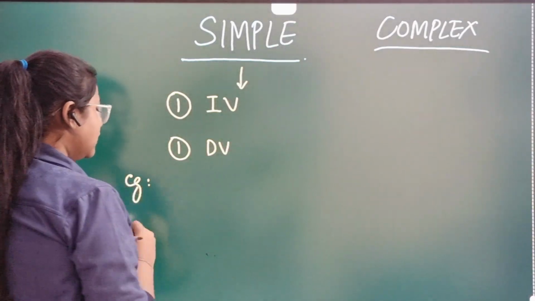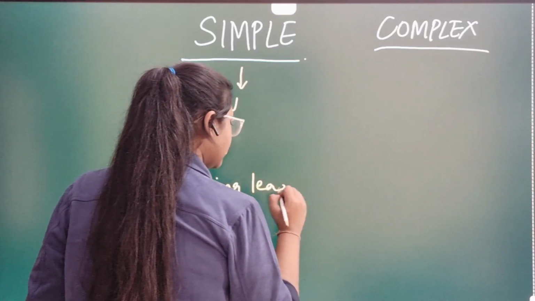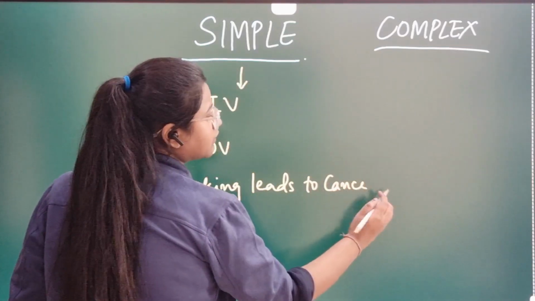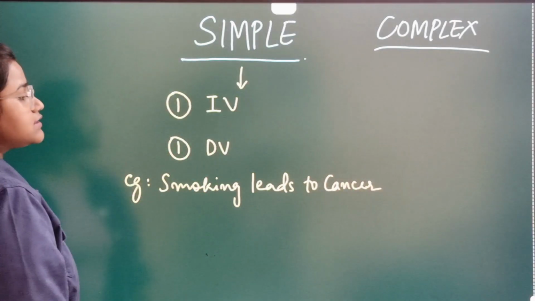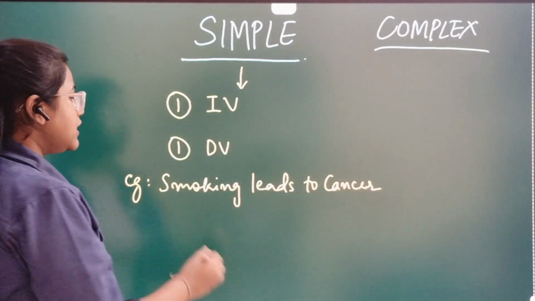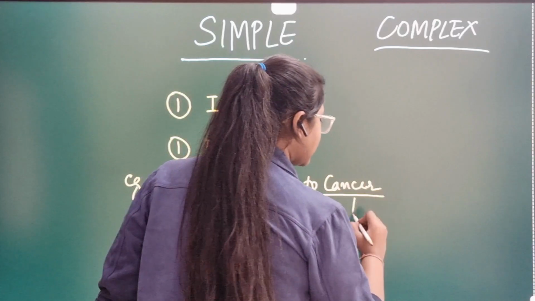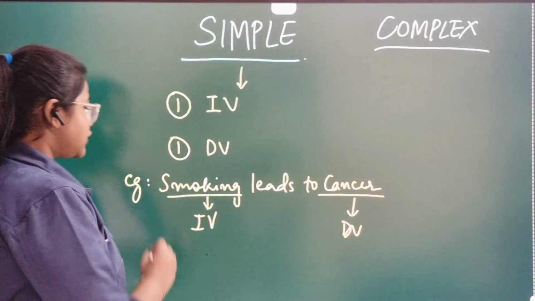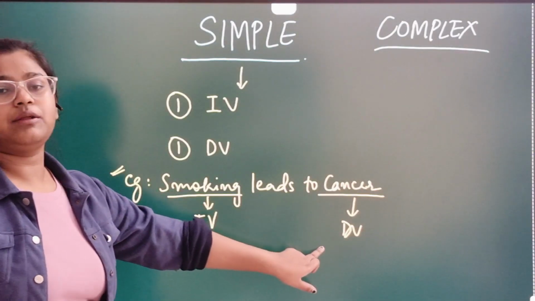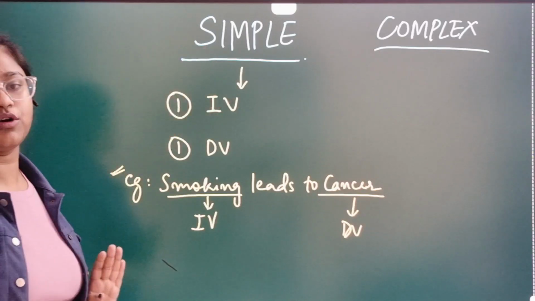For example, smoking leads to cancer, or smoking leads to bad health, whatever. So here smoking becomes my independent variable. Cancer becomes my dependent variable. So in the entire hypothesis, I have one independent variable and one dependent variable. This is very simple and it is known as my simple hypothesis.